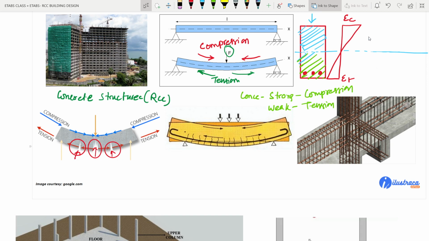What we expect is that the compression will be taken by the concrete, and this tension will be taken by the reinforcement provided.